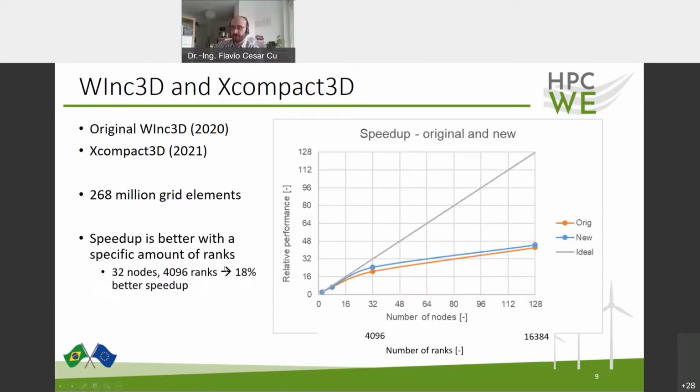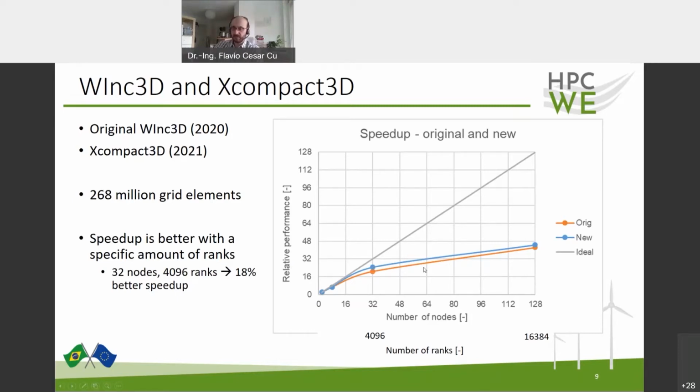In this graph, we see not the computational time, but the relative performance. And we see that the scalability of the codes is good until 4,000 ranks, 4,000 processors, but it's far from the ideal line when we increase the number of processors to 16,000.